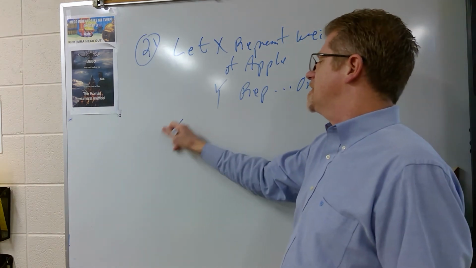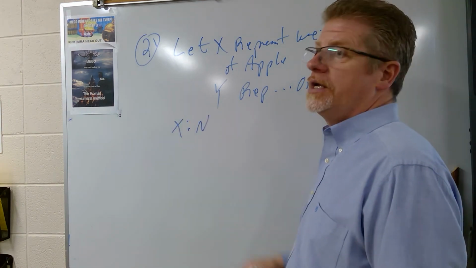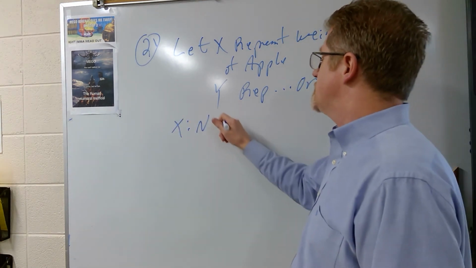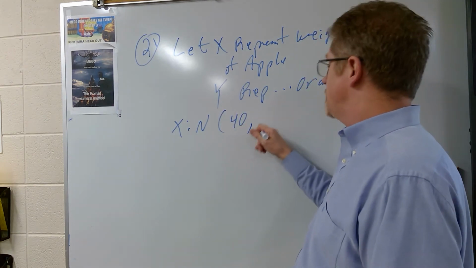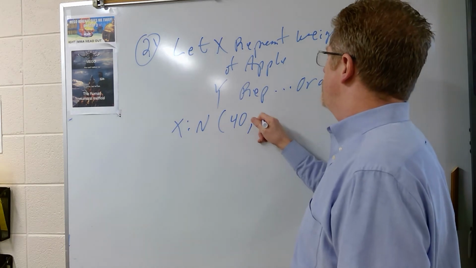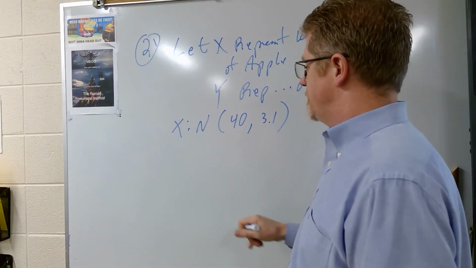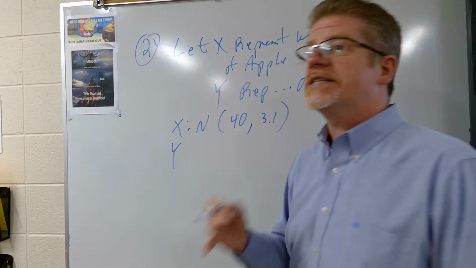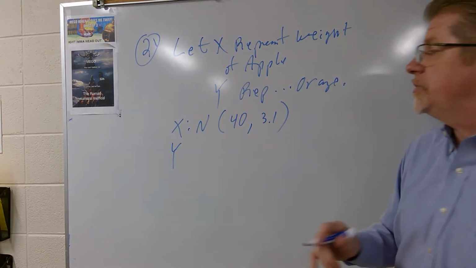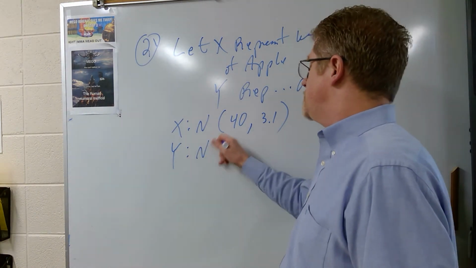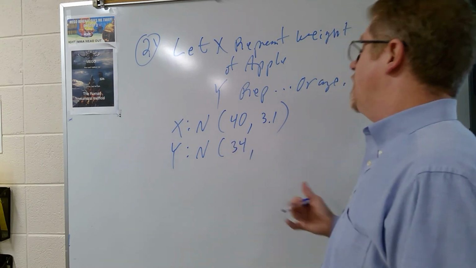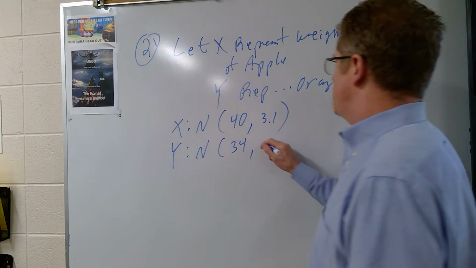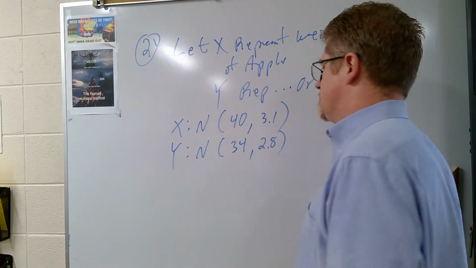It turns out that X is distributed normally. So the distribution of apple weights is normal with a mean of 40 ounces and a standard deviation of 3.1 ounces. It turns out that the weights of oranges are also normally distributed with a mean of 34 ounces, they're lighter, and a standard deviation of 2.8 ounces.